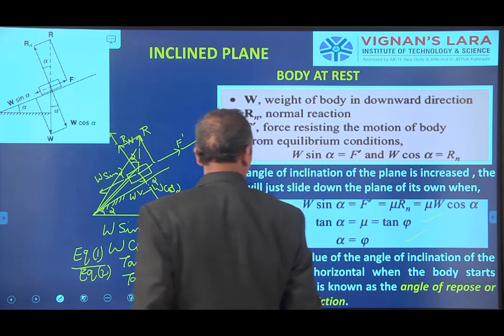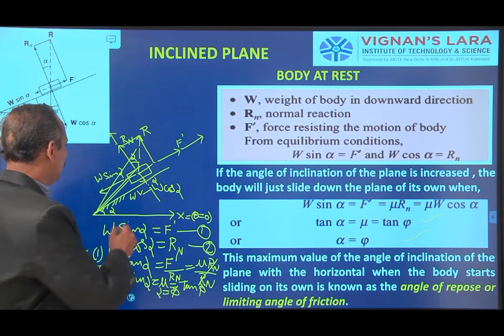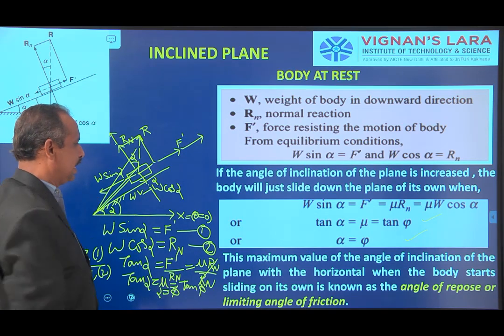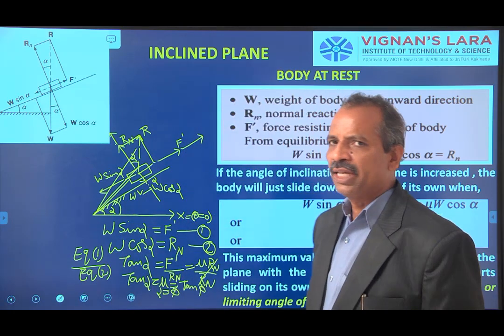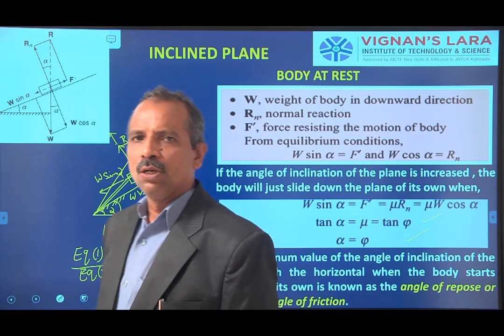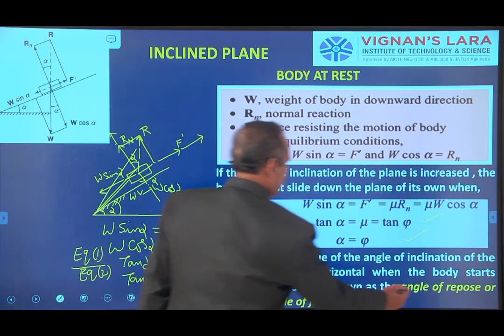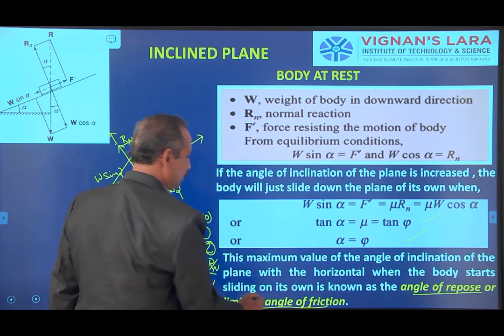So what is the maximum value of the angle of inclination which it can make with the horizontal when the body starts sliding on its own, which is called angle of repose or limiting angle of friction.